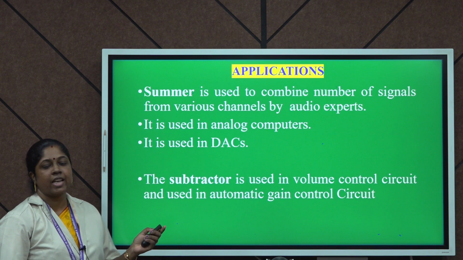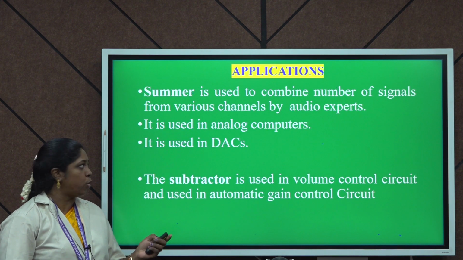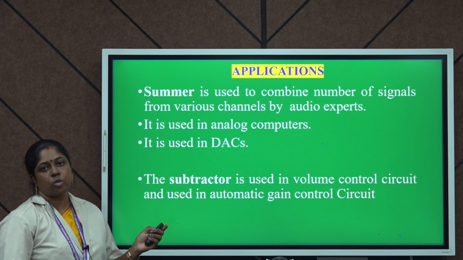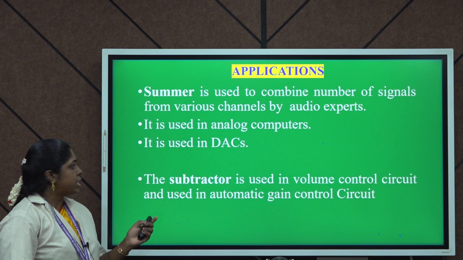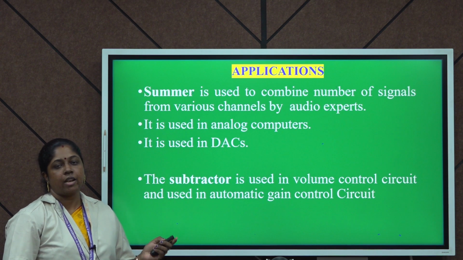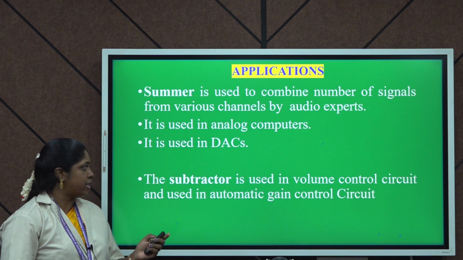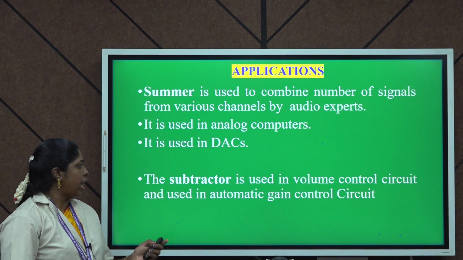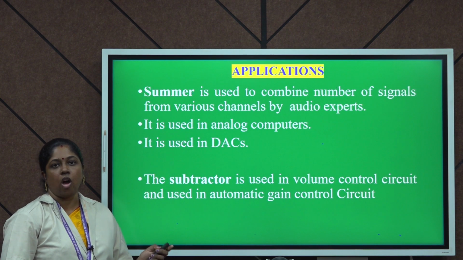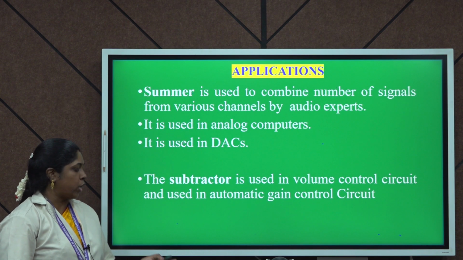The second application is that it can be used in analog computers, and summers can also be used in digital to analog converters. The subtractor is used in volume control circuits, and it is also used in automatic gain control circuits.